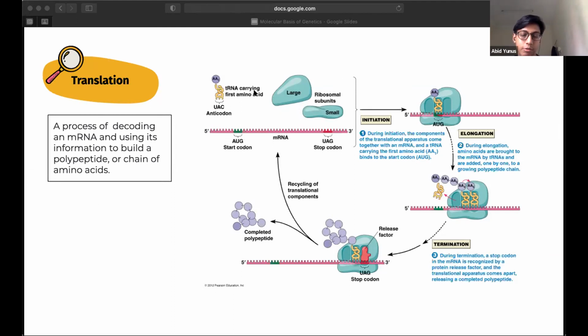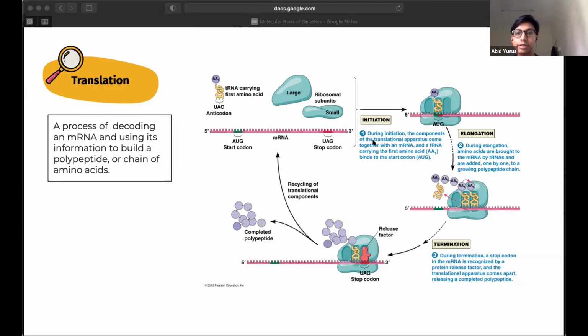A tRNA will be carrying an amino acid. For example, at the start codon, they will carry the methionine. And the nature of the tRNA is that they will have an anticodon, which is complementary to the codon that is found on the mRNA.